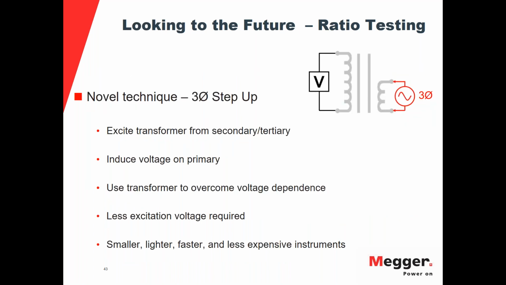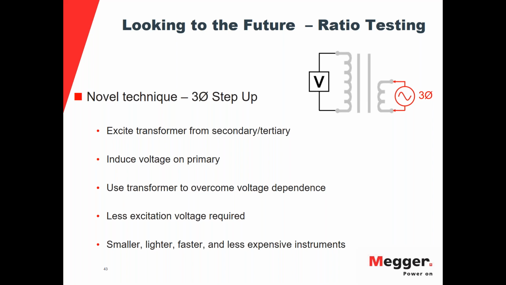So to look to the future, we go backwards in time here. We go back to a novel technique of doing step up or low to high testing, but we add something to that. We add, how about three-phase simultaneous? So before we had to switch, now we can do the three-phase at the same time.